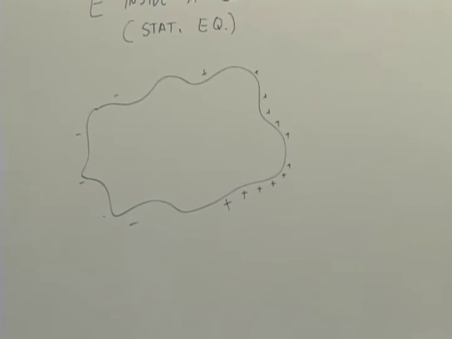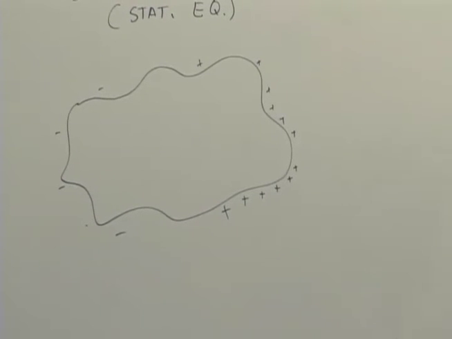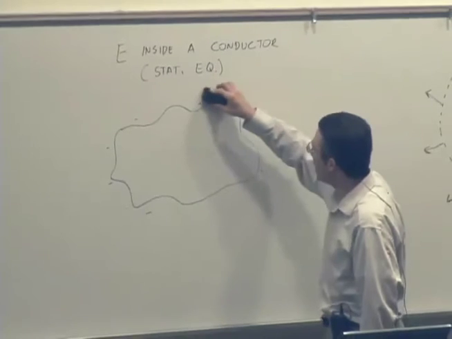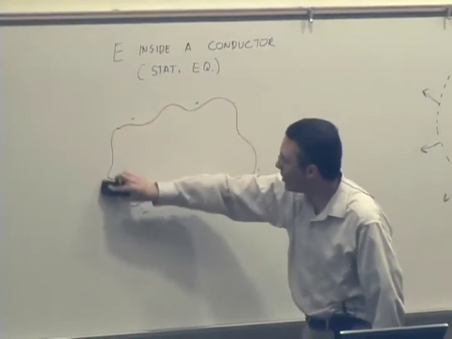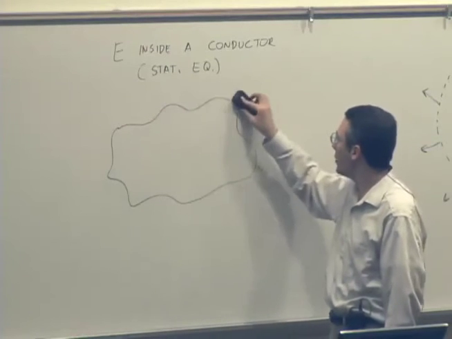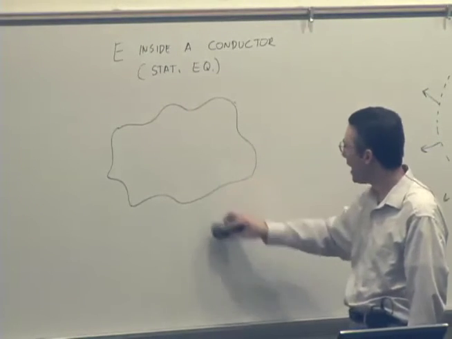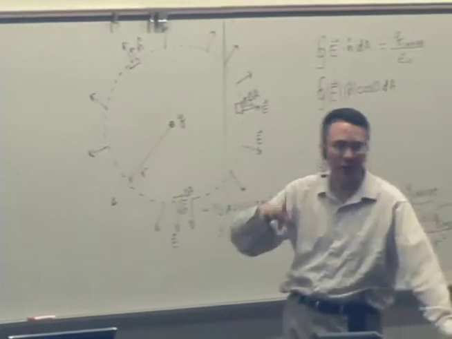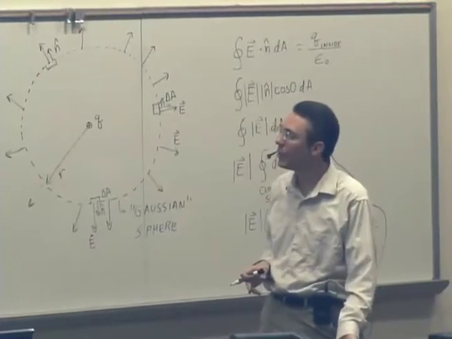Well, what we actually want to do is prove, before I even draw those charges, that we had said any excess charge on a conductor has to be on the surface. We can't have any excess charge in the interior. And we just kind of hand waved around that and said, well, if we had any excess charge, the mobile charges would move and the charge would be on the surface.